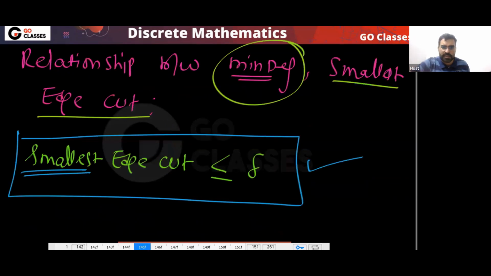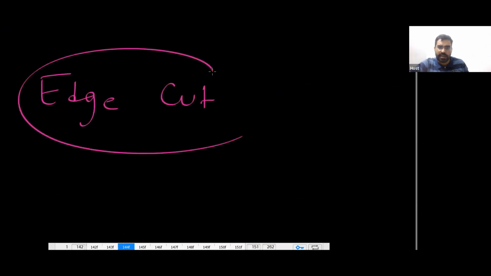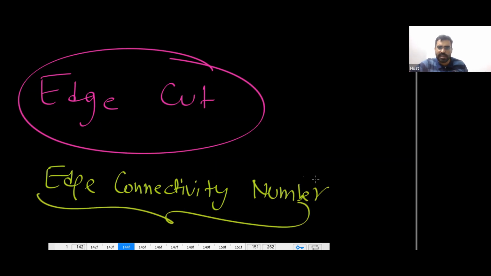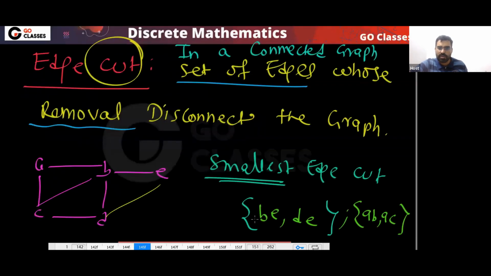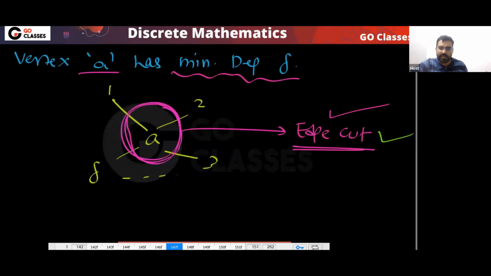So please remember, we have seen the definition of edge cut, and now we are discussing the edge connectivity number. What is the edge connectivity number? It is the size of the smallest edge cut. The edge connectivity number is less than or equal to delta.